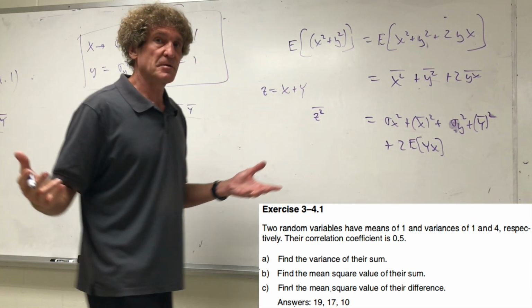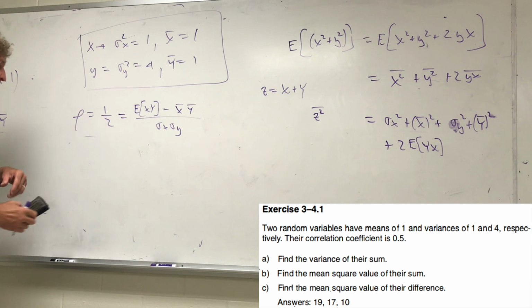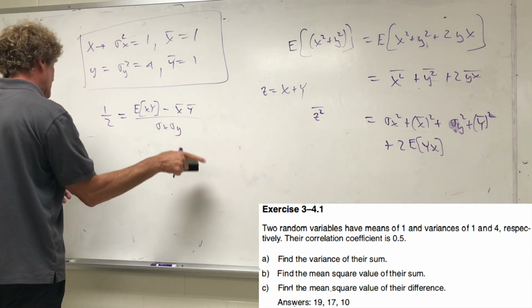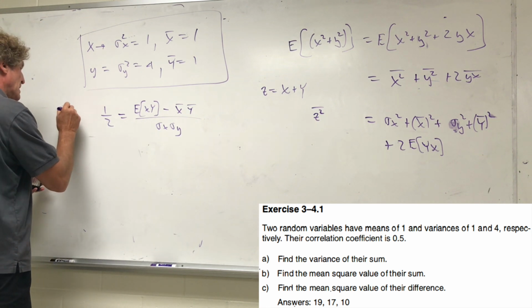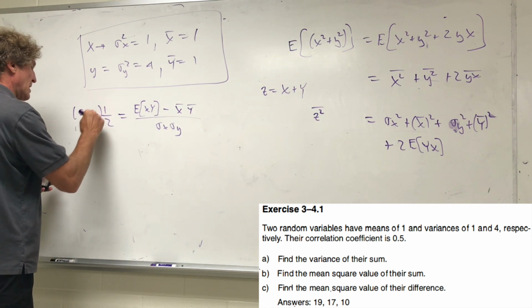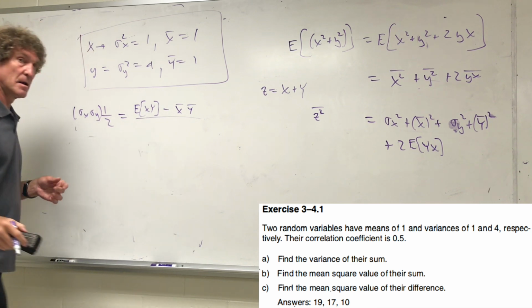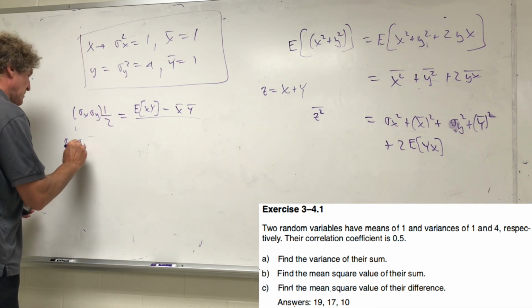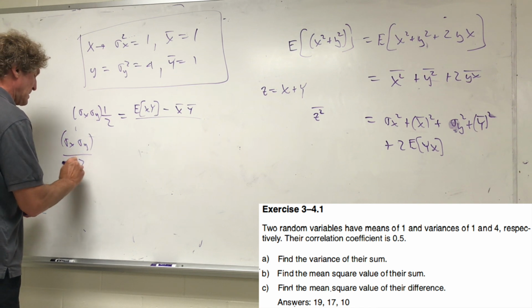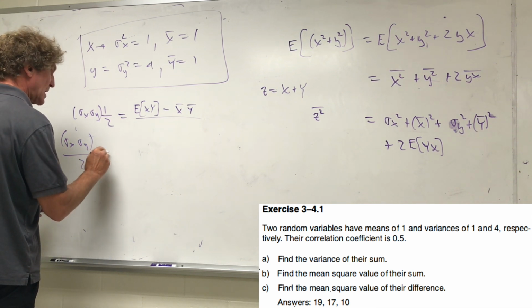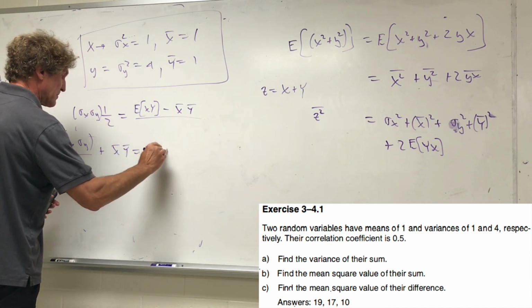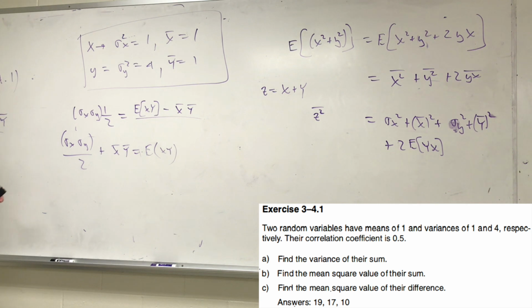That's all I want to do. With me, you're going to see something here that's nice. Put the values in over here. So I have sigma x times sigma y, and I'm going to multiply over here. Sigma x, sigma y. Right? And then I'm going to take sigma x, sigma y here, divide by 2, and it's going to be plus x bar, y bar equals the expected value of xy. I'm just putting it in there.